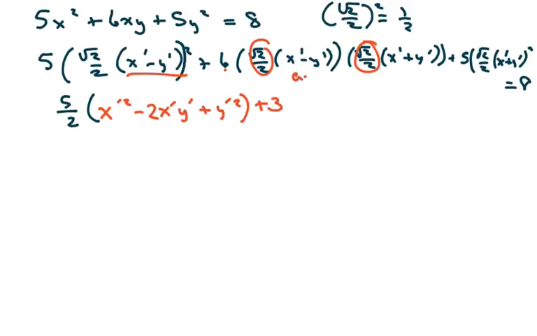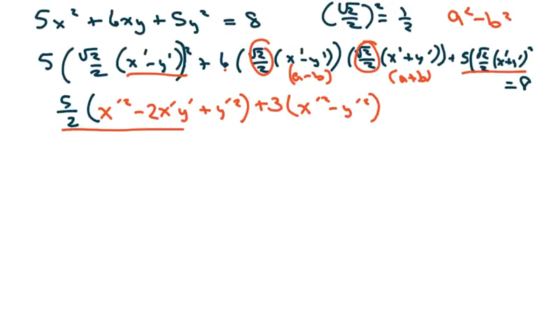And then I'm using my a minus b times a plus b, and that gives you a squared minus b squared. So I'm just writing x prime squared minus y prime squared. And then this one is the same as what we did here, but with a plus. So we have plus 5 halves x prime squared plus 2x prime y prime plus y prime squared.